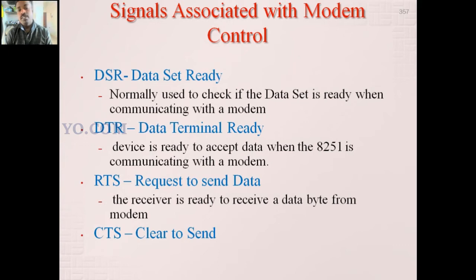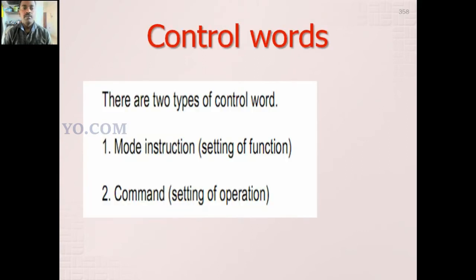That is, the data terminal ready is enabled high. RTS means request to send data, the receiver is ready to receive the data byte from the modem. The last one is CTS, clear to send, clear the buffer register to send the data.